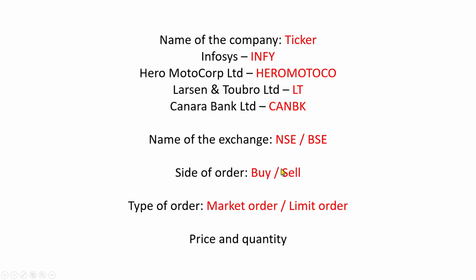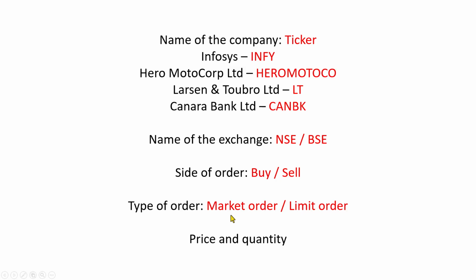Next, you need to decide the side of the order, whether you want to buy the shares of Infosys or sell the shares of Infosys. And then you need to decide the type of the order, whether it is a market order or a limit order.